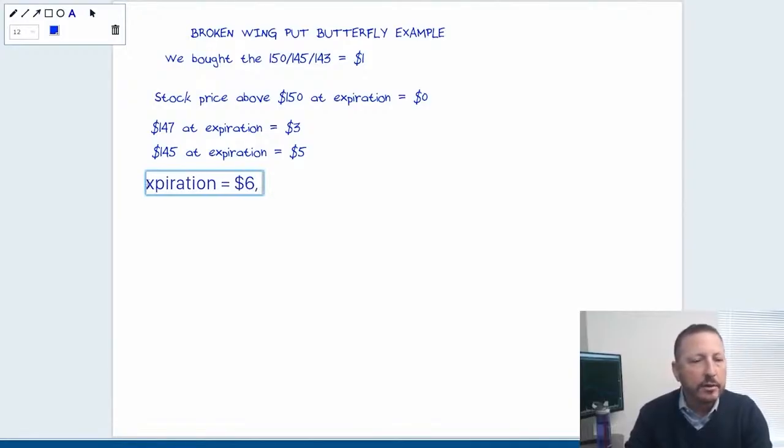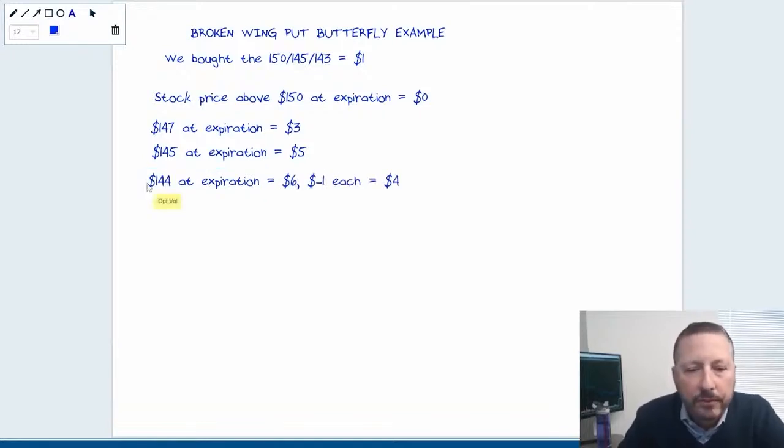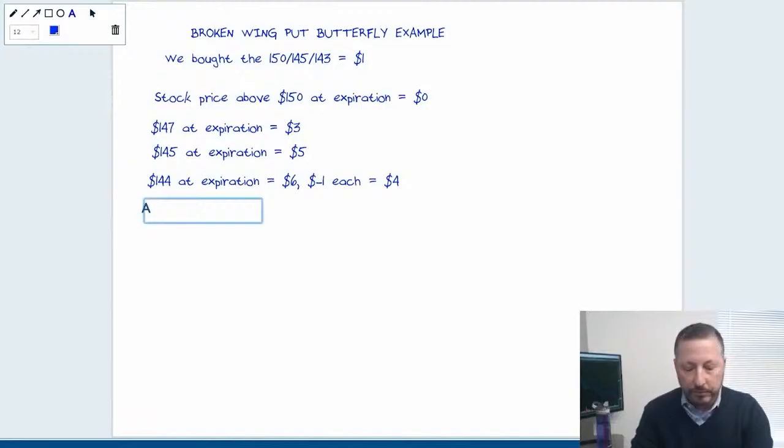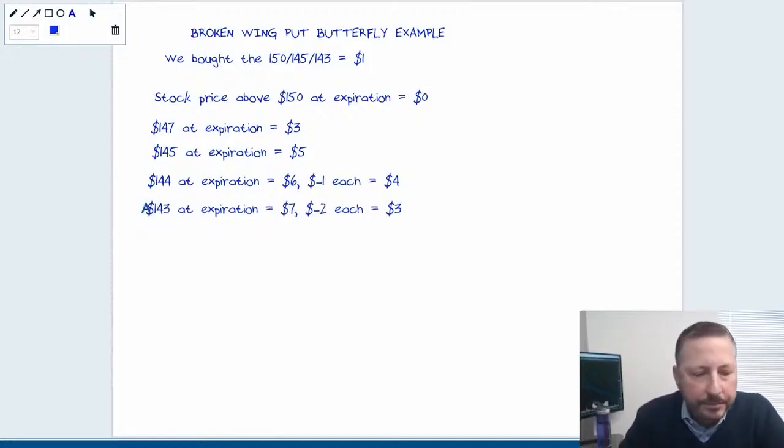The short 145 put is going to be worth 1, but we had 2 of those, right? So the value is going to be worth $4. At 143 at expiration, the long option, the 150, is going to be worth 7. The short 145s are worth $2 each for a value of 3.